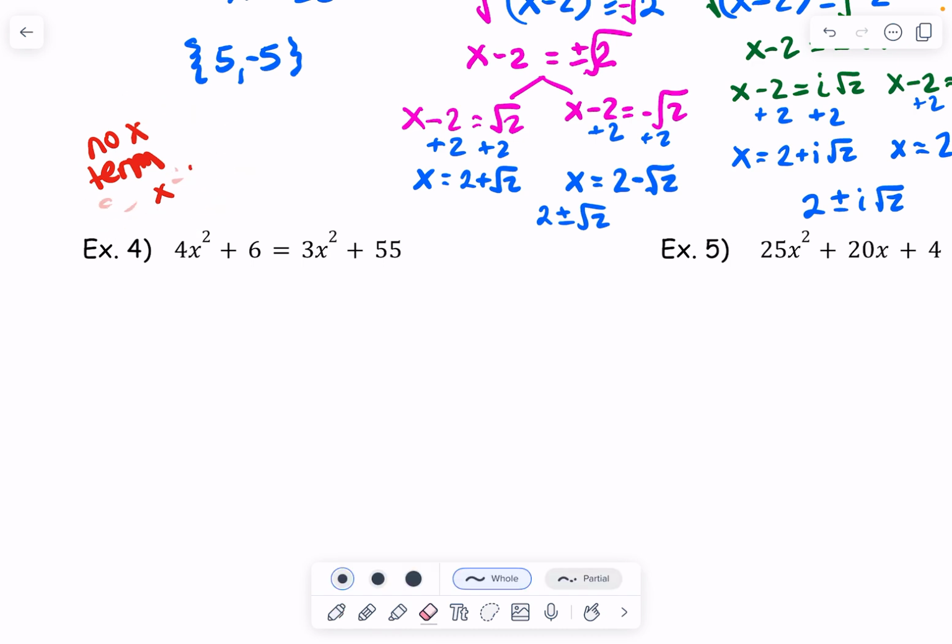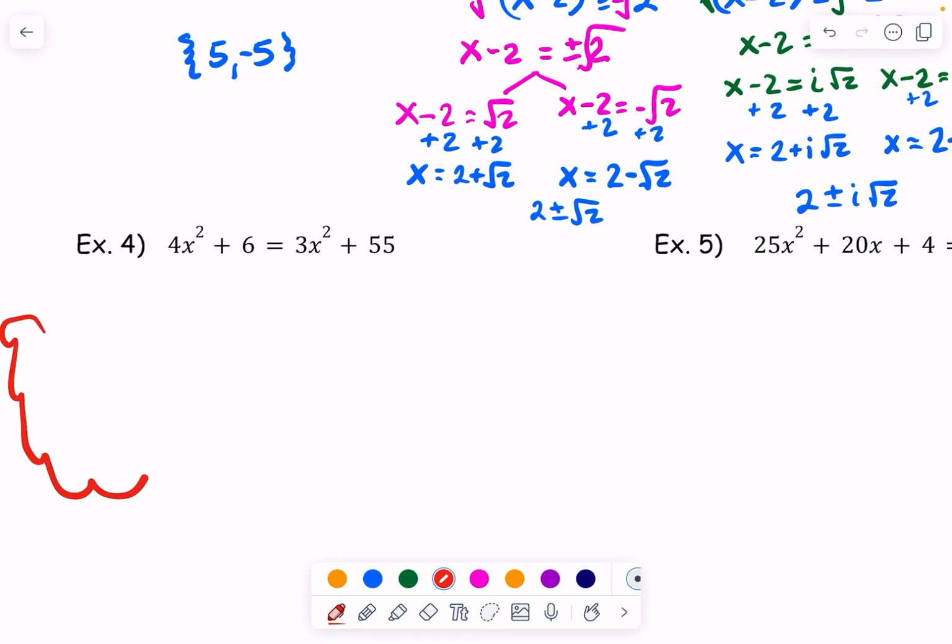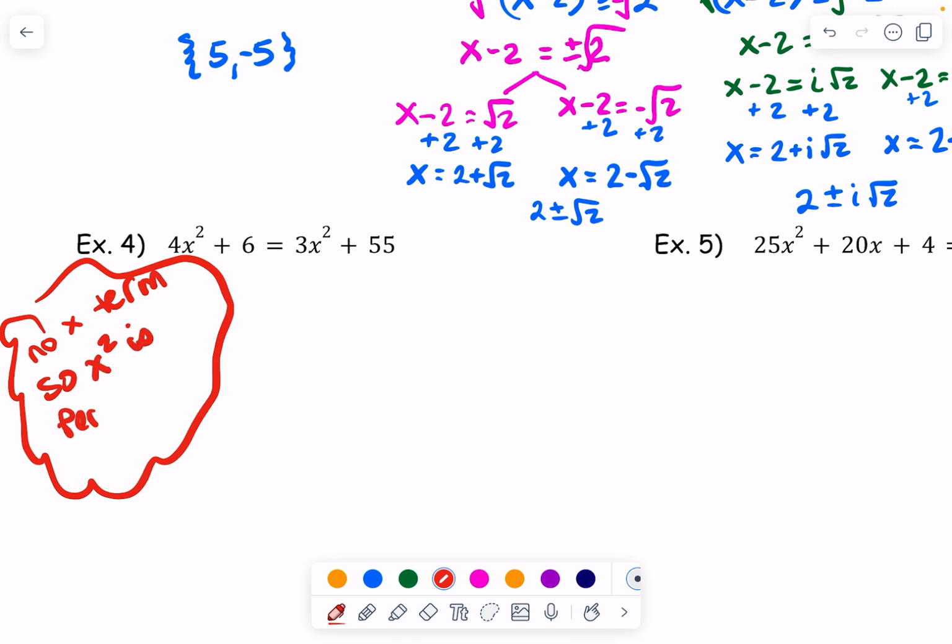Gosh, that's messy. Let's rewrite that because I have to, let's do it on here. No x term. Wow, what's wrong with me? Term, so x squared is the perfect square.